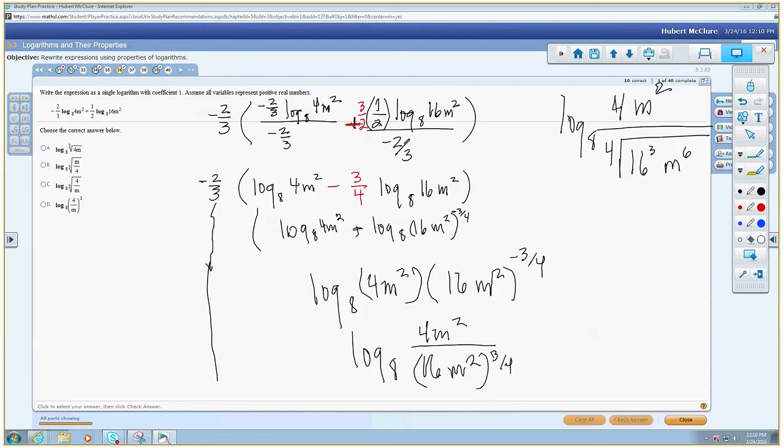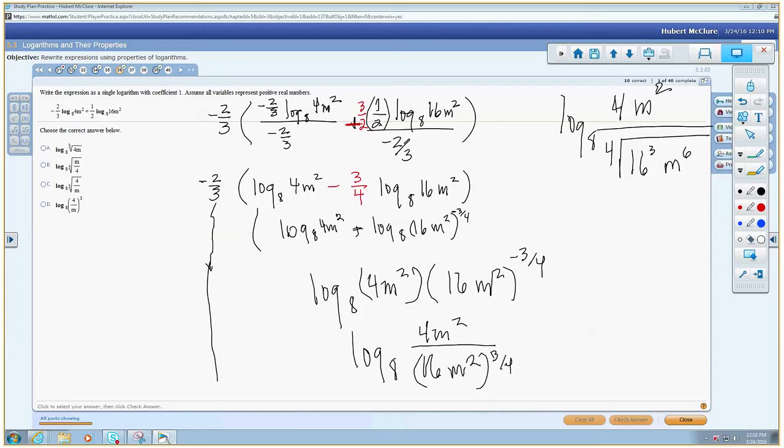That 3 goes with that 16. 3 times 2 is what? 6. The fourth root of 16 is what? 2. 2 cubed is what? 8. So that works out to be 8.